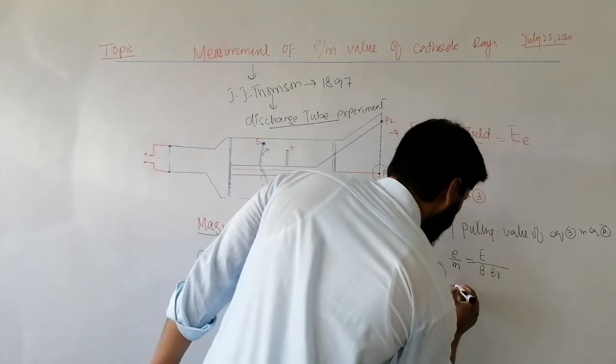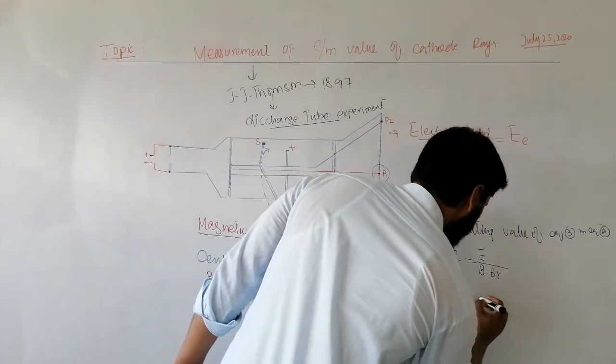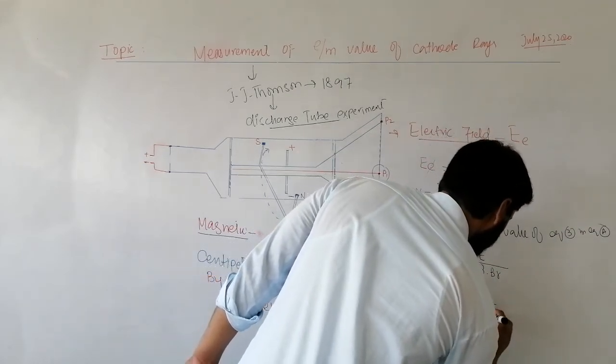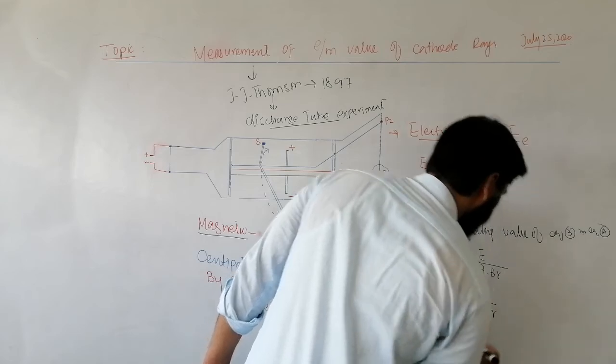So e upon m is equal to E over B square into R.